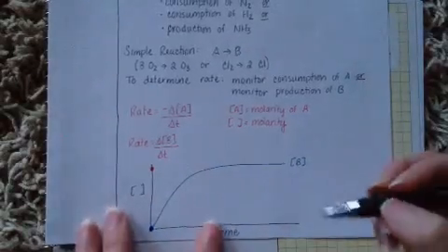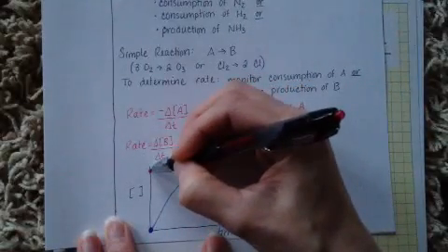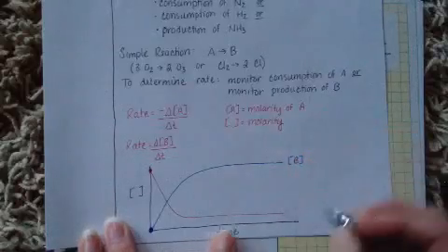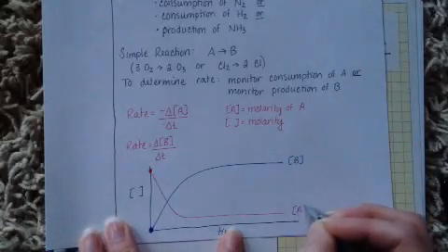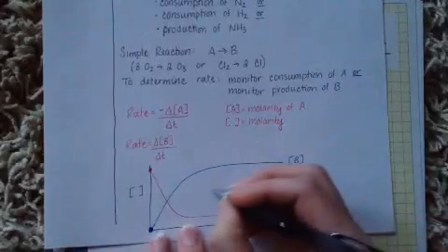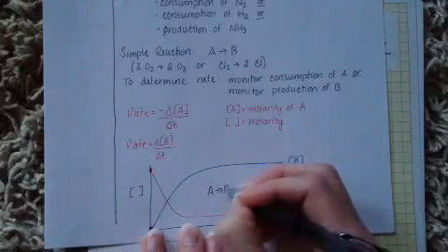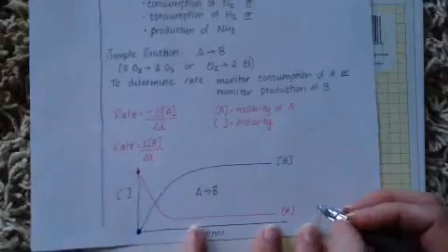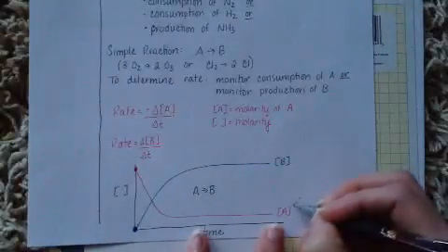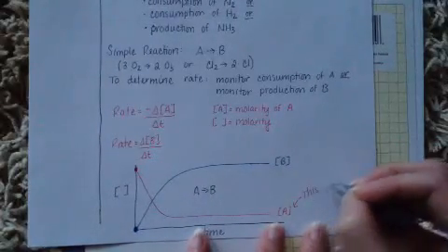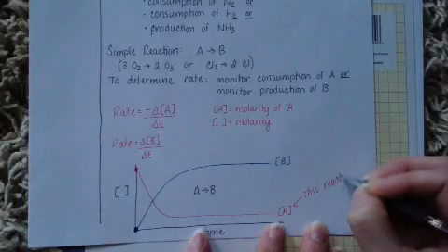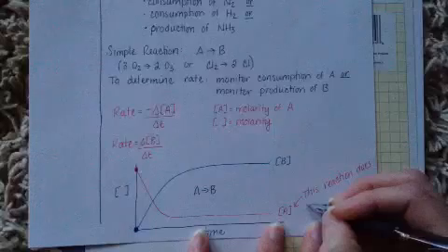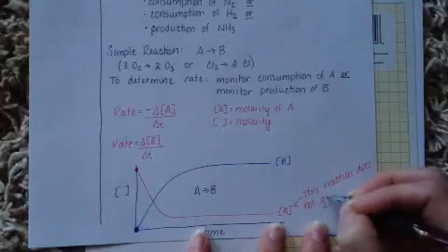And at the same time, the concentration of A is going to drop until it hits a minimum, and then it plateaus. That's for an A goes to B reaction. Notice that the concentration of A never drops down to 0 in this graph, the way that I've drawn it. This reaction, we'll say, does not go to completion because the A doesn't get completely consumed. And that's not unusual.